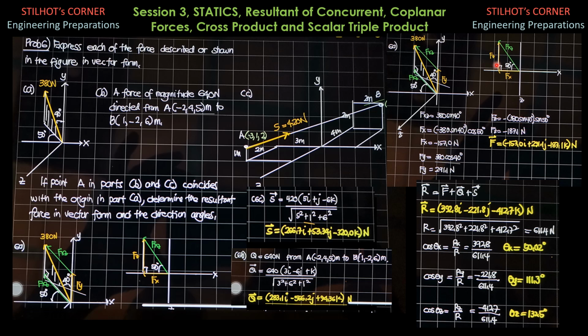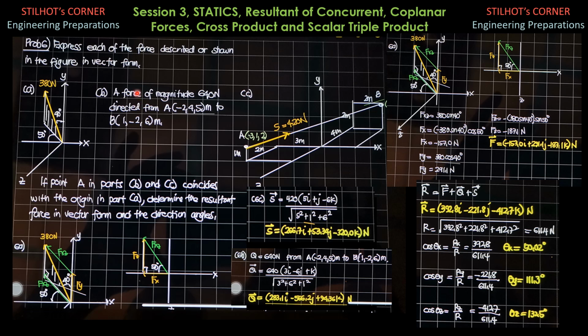Then Fz is opposite of 50, so times sine of 50 degrees. So it is negative 187.1 newtons. Therefore, F in vector form is equal to negative 157.0 i plus 291.1 j minus 187.1 k.